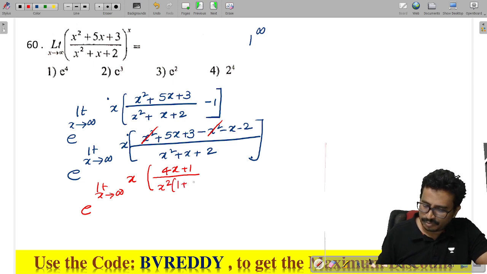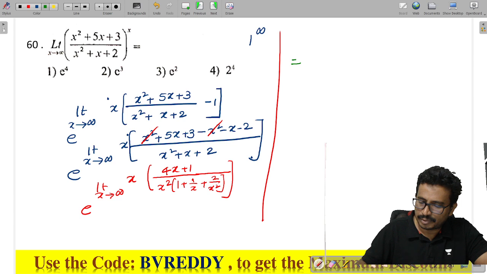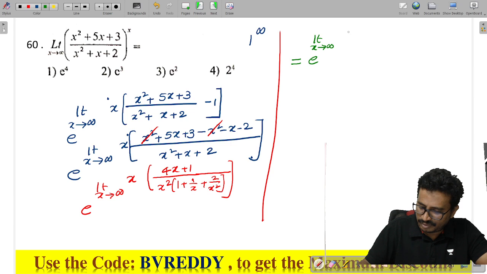This is 1 plus 1 by x plus 2 by x square. So it is given as e power limit x tends to infinity.